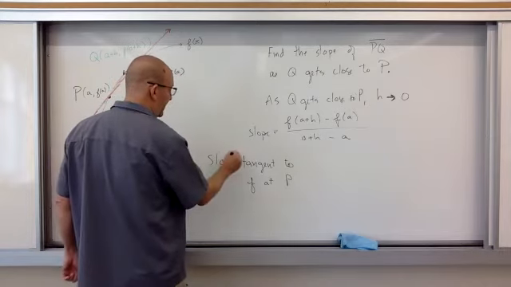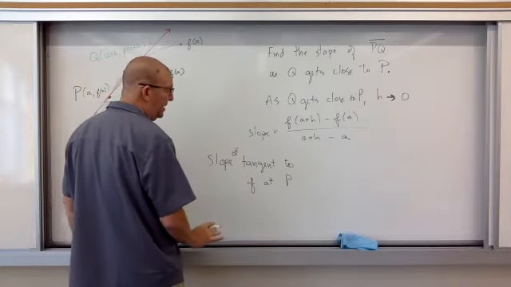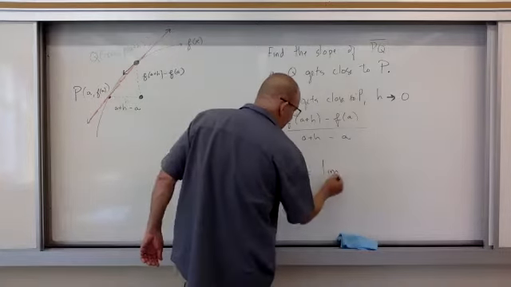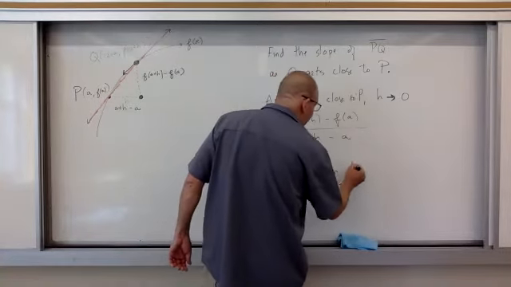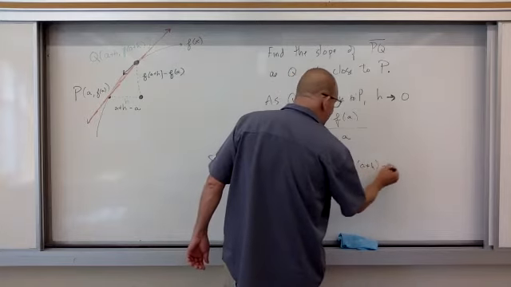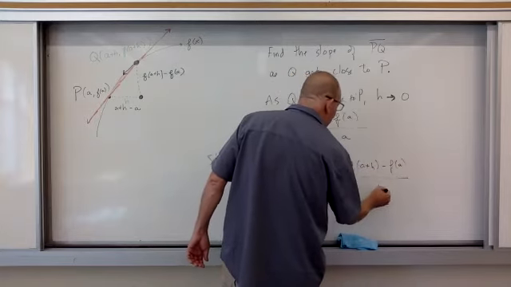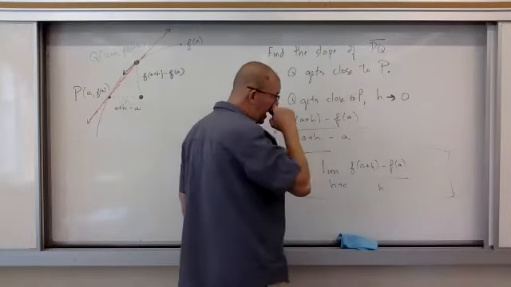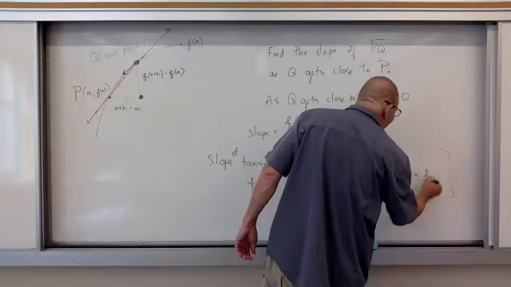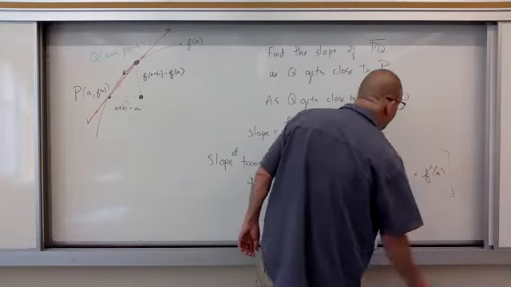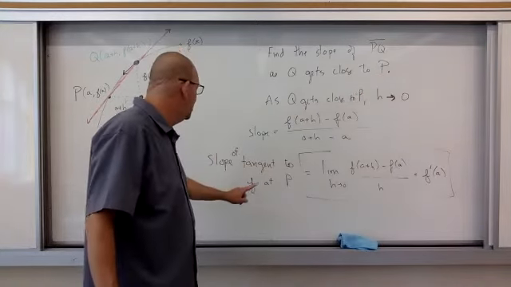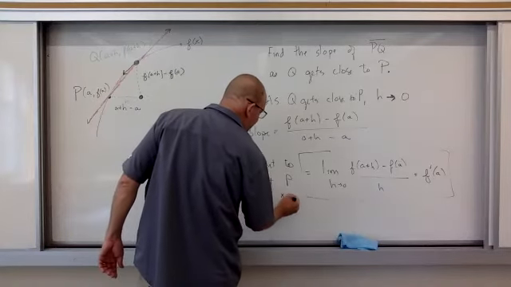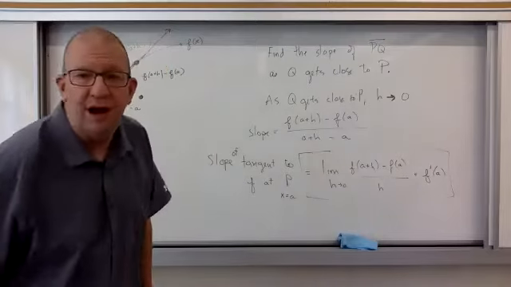Slope of the tangent to f at P equals, here it is, kids, the limit as h approaches 0, f of a plus h minus f of a over h. This is your life, and you know what we call that? We call that derivative, and we call that f prime at a. That is the slope of the tangent to f at P, or another way of saying at P is at x equals a. And that is called f prime of a.